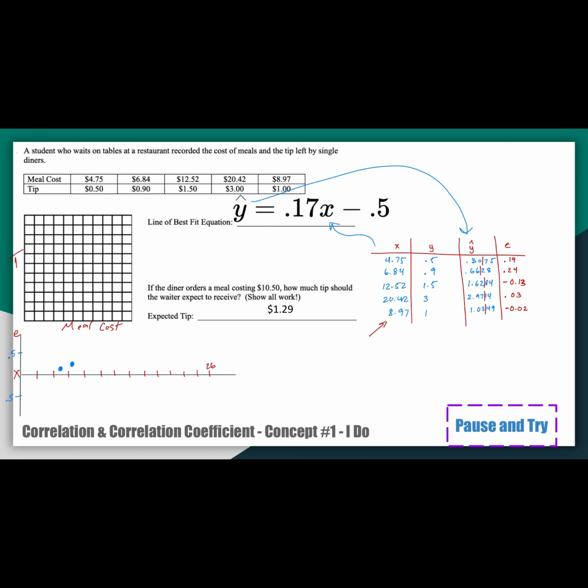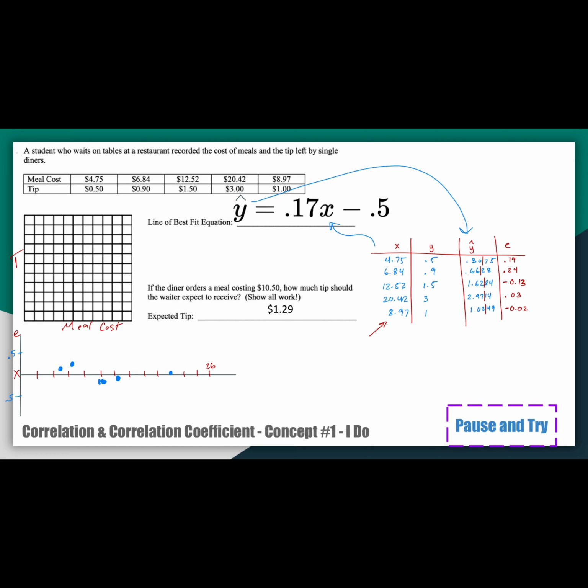Then at 12, so keep in mind this would be 10. At 12.52, we have negative 0.13, so that's really close. And then finally, at 20, which is there, we have 0.03, so it's basically on it, right?